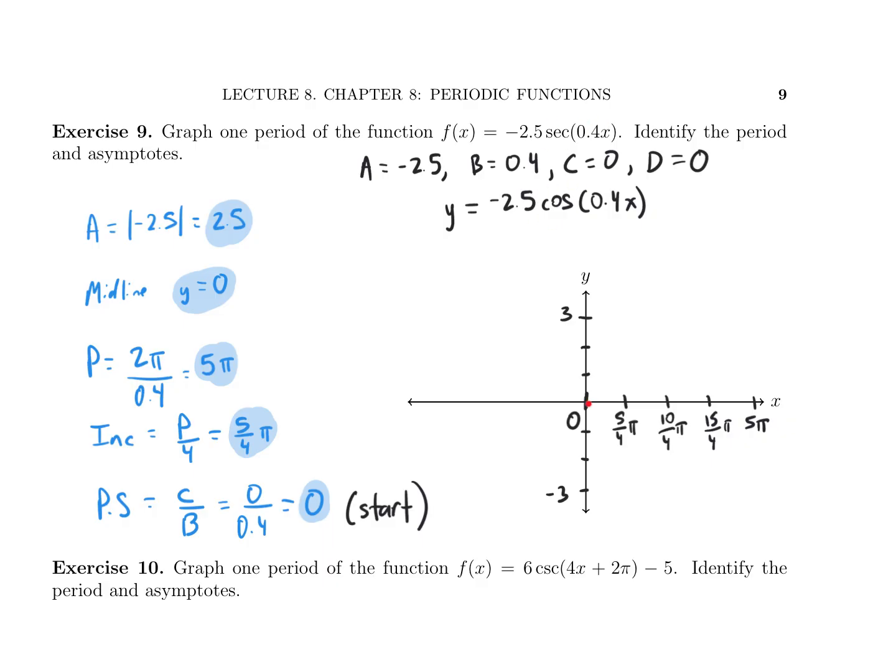Cosine doesn't start at 0 like sine does. Cosine starts at the a. The a is negative 2.5, so I am going to start down at negative 2.5, which is right here. For the next increment, you go to 0. The next increment, you go up to 2.5, and then back down to 0, and finally back down to -2.5. That completes one period for cosine.